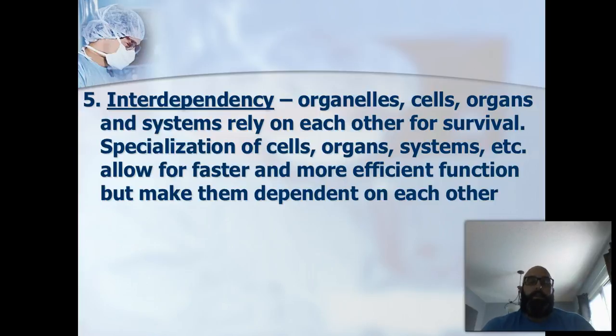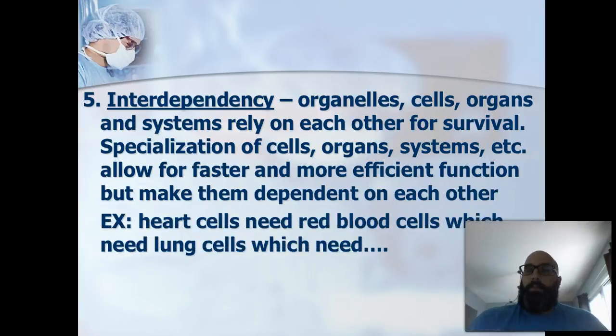So basically what it means is, since our cells have become so specialized to form tissues, even though it allows for faster and more efficient function, it makes us dependent on systems within our body to survive. And any kind of deterrence from that one specific point in that system can in fact cause the organism to, I guess you could say, fall apart.